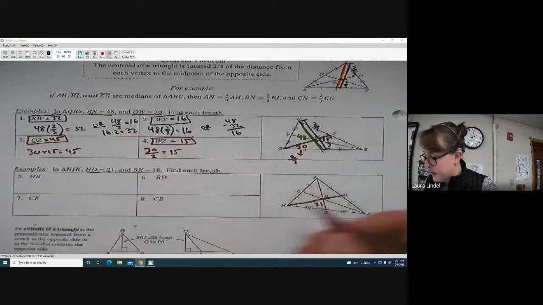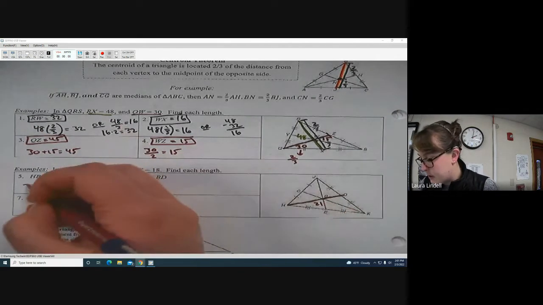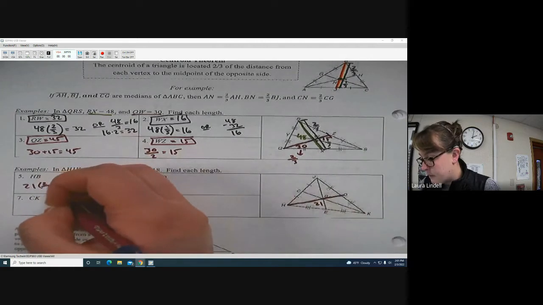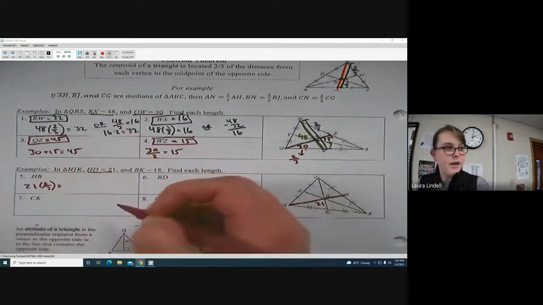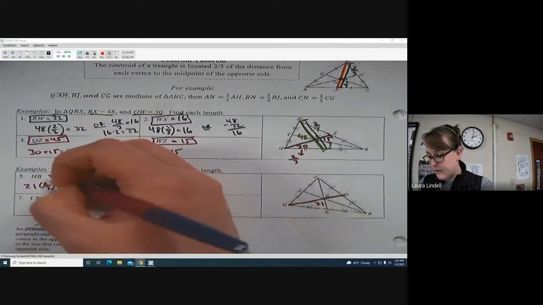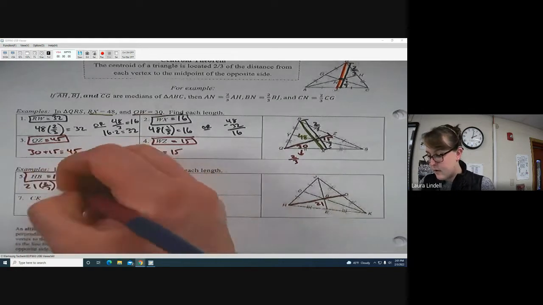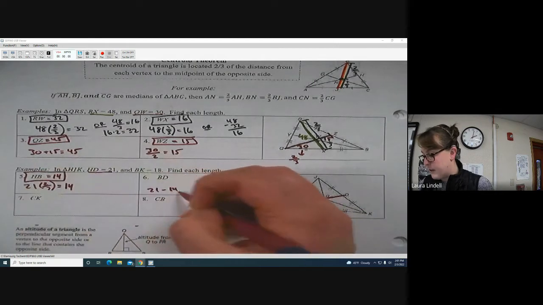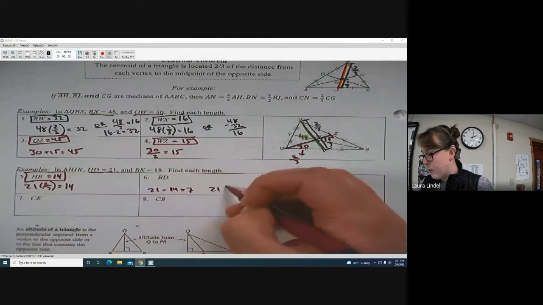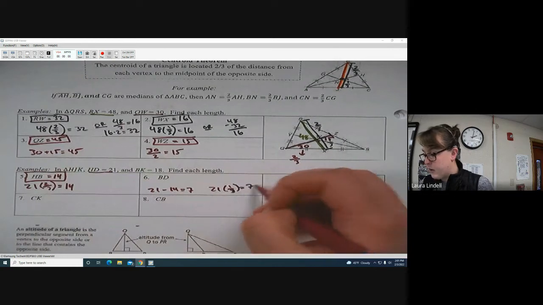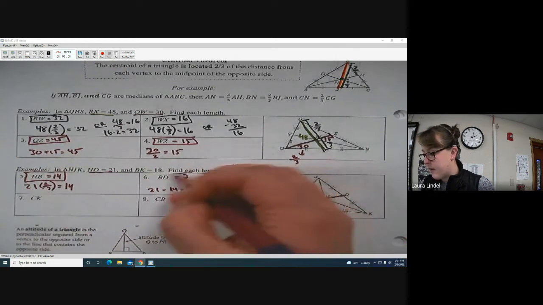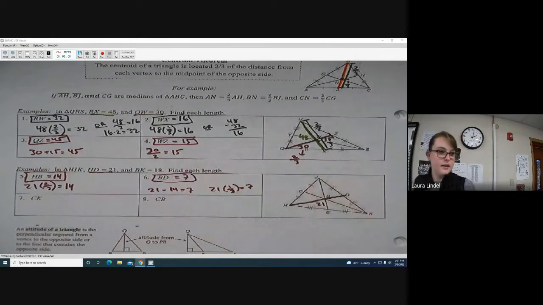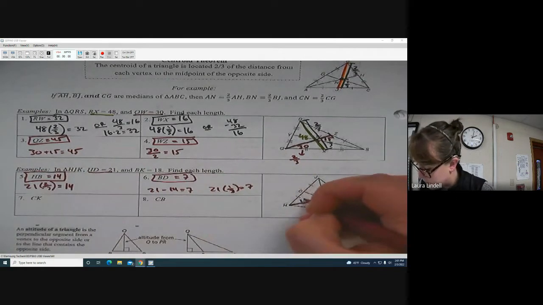So for HB, since HB is the 2/3 part, I'm going to go 21 times 2/3, which should give you 14. And then you can either go 21 minus 14, or you could go 21 times 1/3 to get the remaining part. Either way, you should get that this is 7. So we broke this up into 14 and 7.